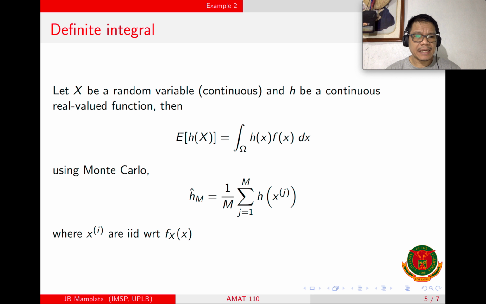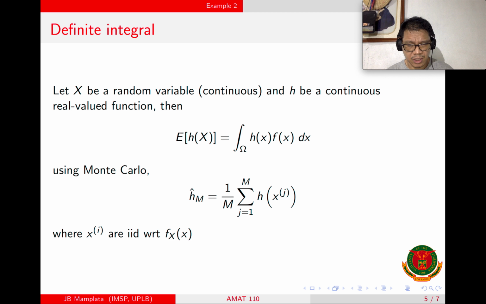So the idea behind here is actually the strong law of large numbers, meaning to say, pag in-increase mo yung number of experiments, the average of that will actually tend to a normal distribution.